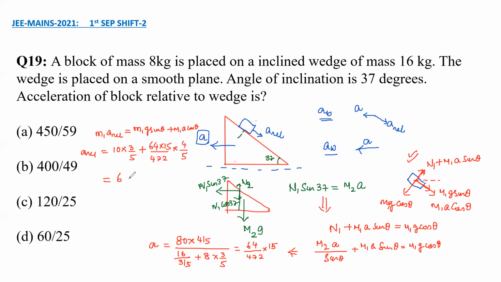So this is 6 plus we have 64 into 12 divided by 472. So we can work it out. So this comes out to be 450 upon 59. So the correct option is option A.